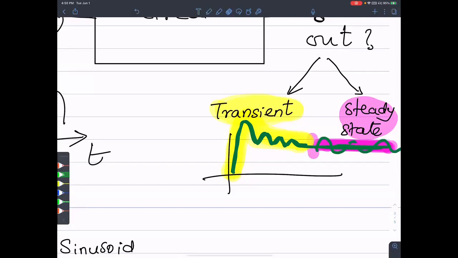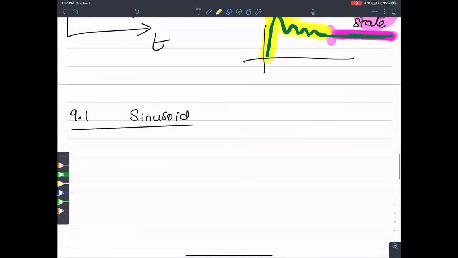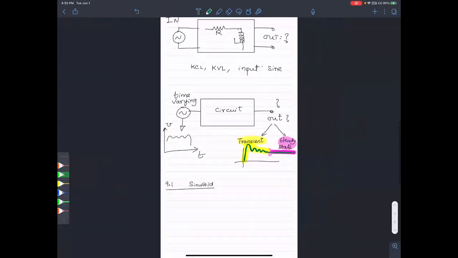But the idea is the output is going to be a transient response plus a steady state response. Steady state response meaning that it persists. Transient response means with increasing time, it decays.